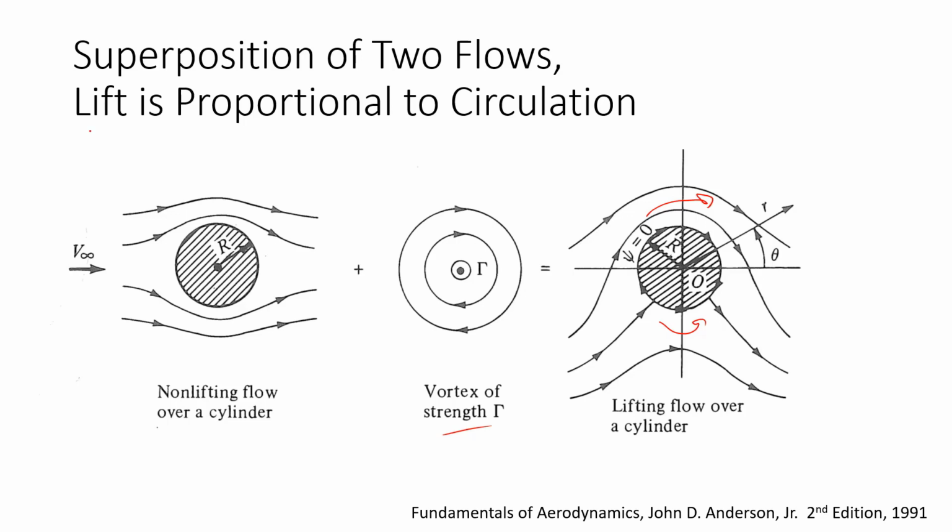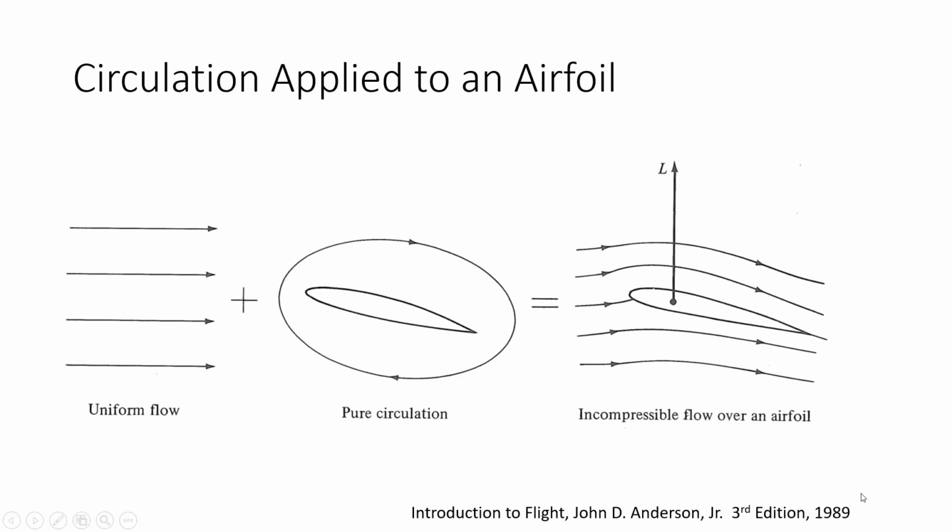That's what leads us to the idea that lift is proportional to circulation. But what does this have to do with airfoils, and where does this magic mystery vortex come from? I'm glad you asked.